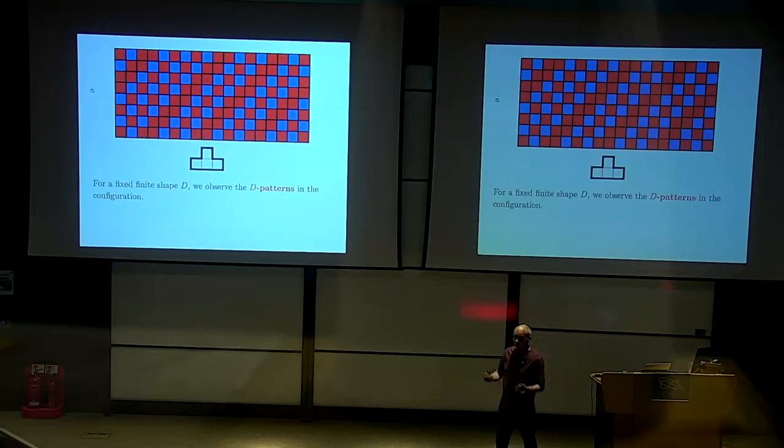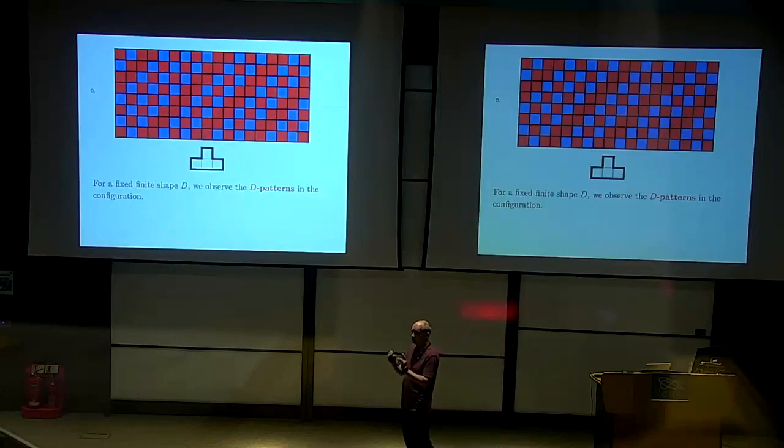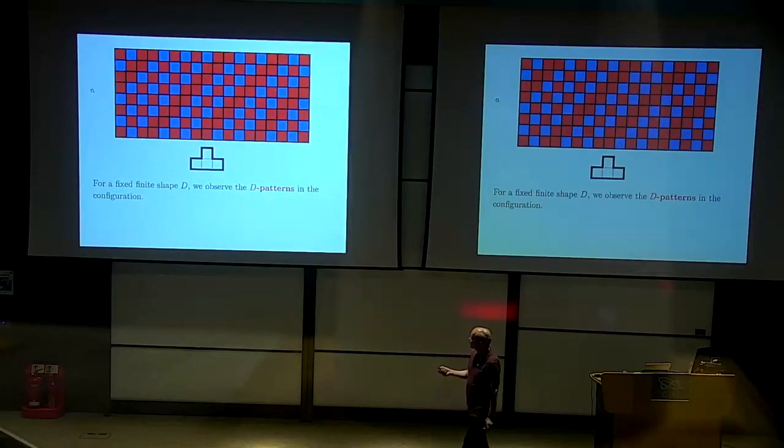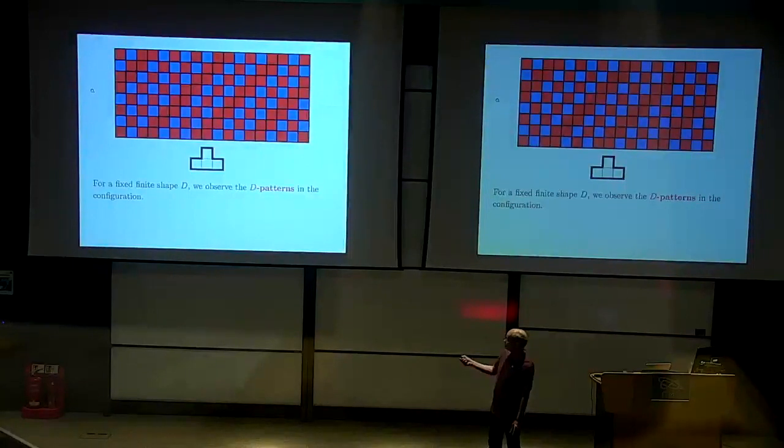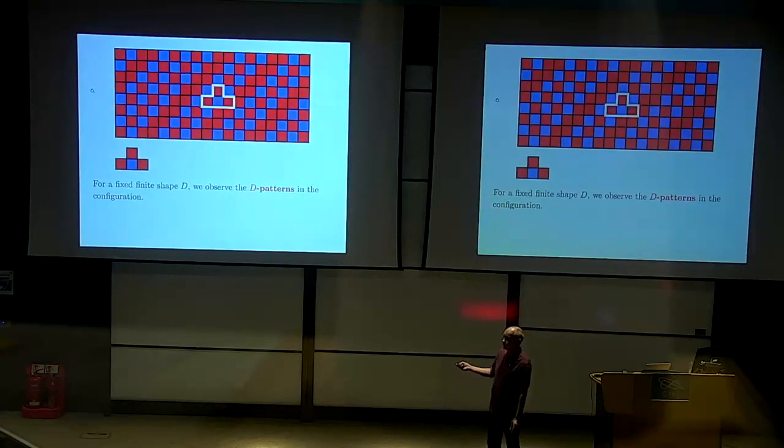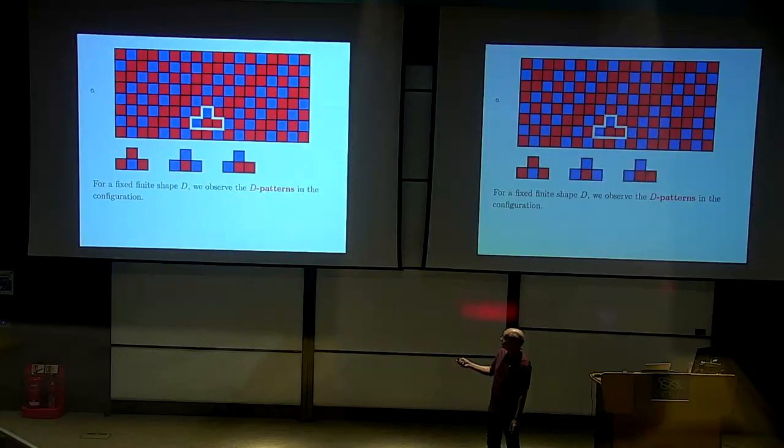And then the local constraints are given in terms of finite patterns that you see in the configuration. So I take some finite shape, let's say D, which is just a finite collection of cells, and I slide it across my configuration, and I record all the patterns that I see of this particular shape.